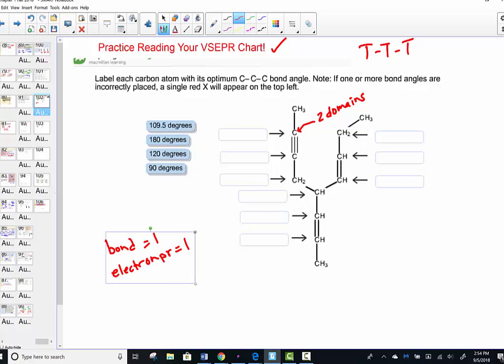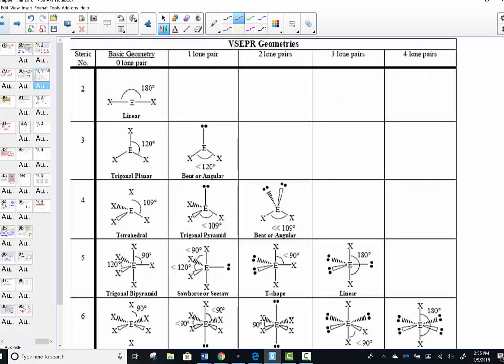So if I'm counting electrons or other atoms, that counts as a domain. So here's 1, 2 domains. Even though it's a triple bond, it's still 2 domains. That means it's sp hybridized, 2 domains. Go back to your VSEPR chart. 2 domains is a linear molecule with 180 degrees.